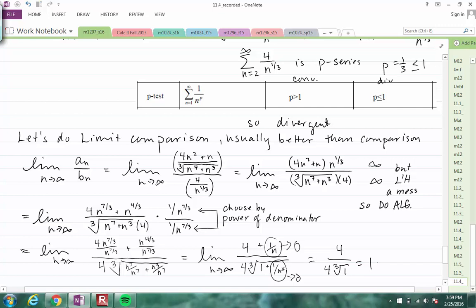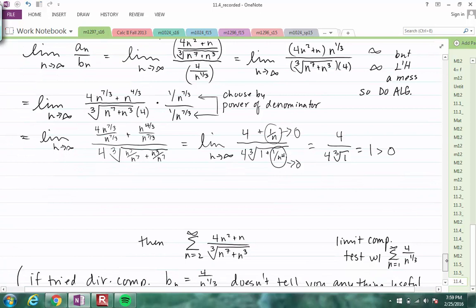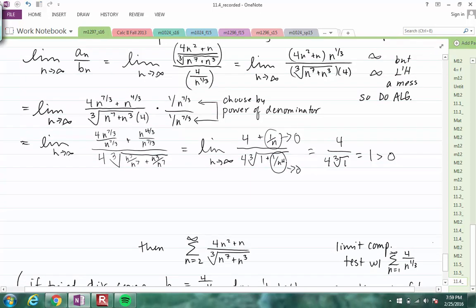So, limit comparison test. We're just trying to get a value that's greater than 0. And since our comparison series, general term b sub n, was divergent, then we can conclude our series that we care about, or our a sub n series, is also divergent.